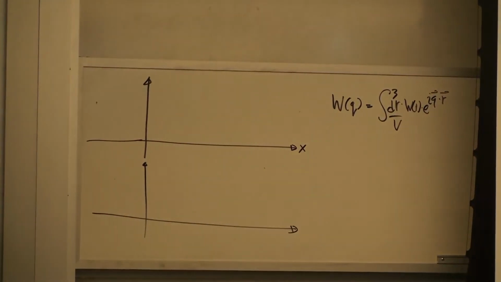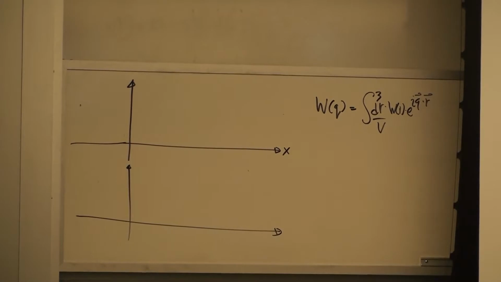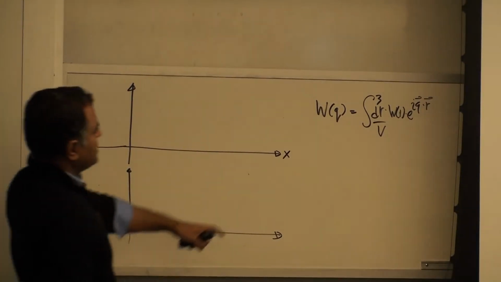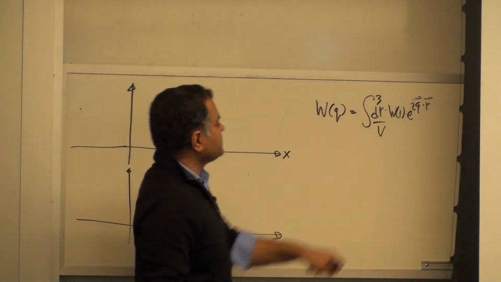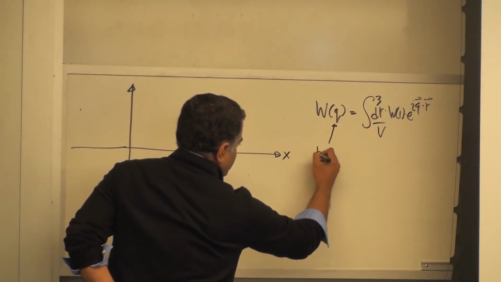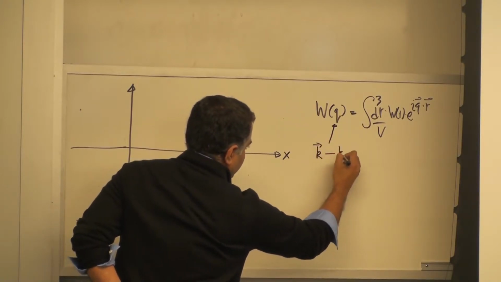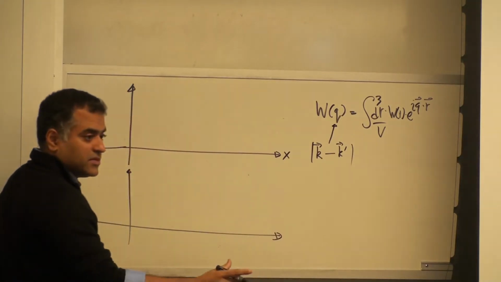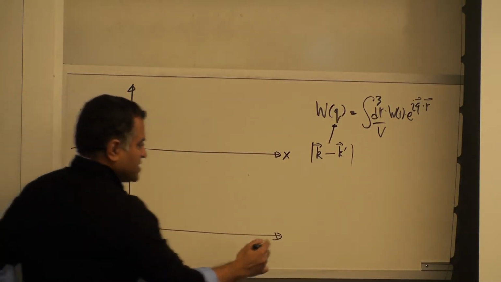So the term that enters your golden rule is just a Fourier transform of the real space scattering potential. And here I'm going to plot it. What is q here? It's the initial momentum of the electron minus the final momentum, the magnitude of that. How much did the momentum change? Momentum is a vector.